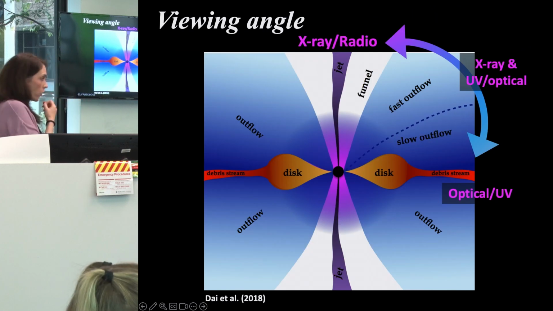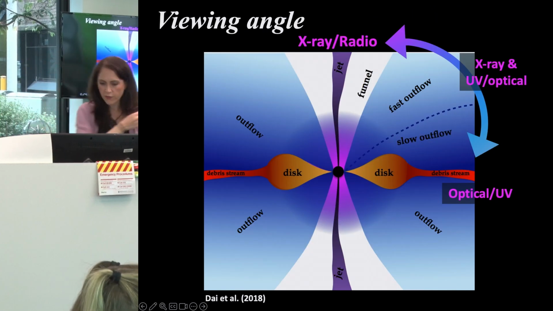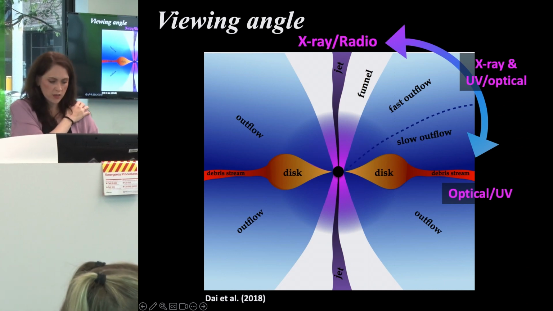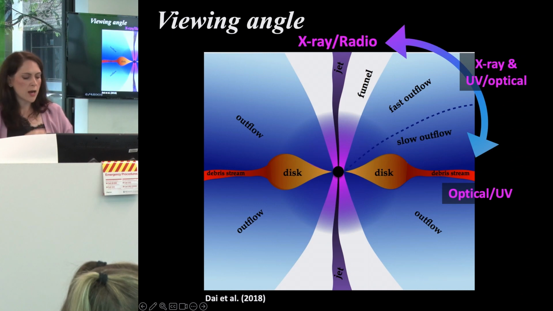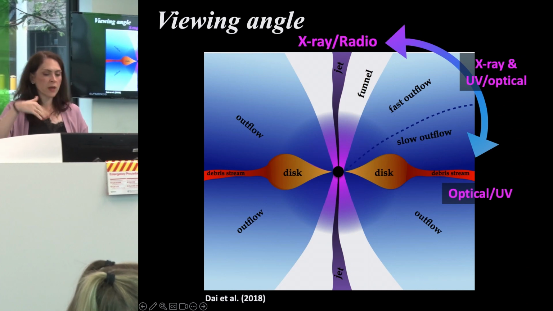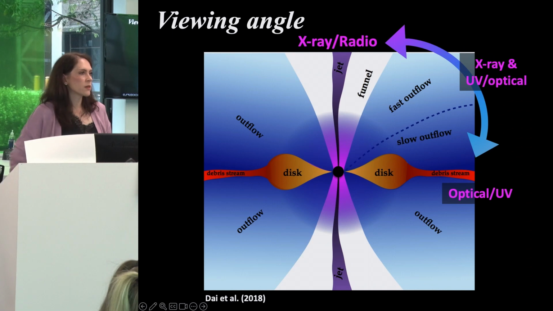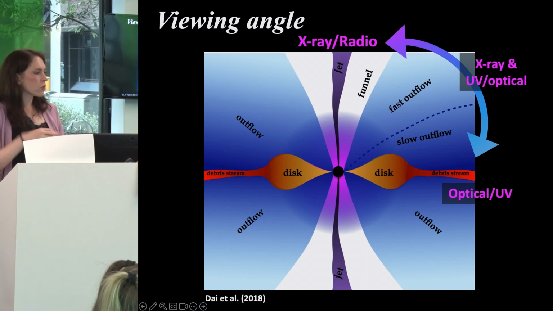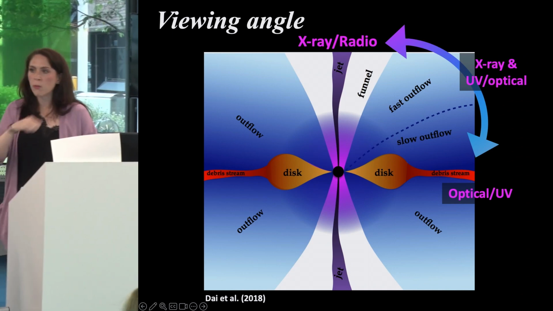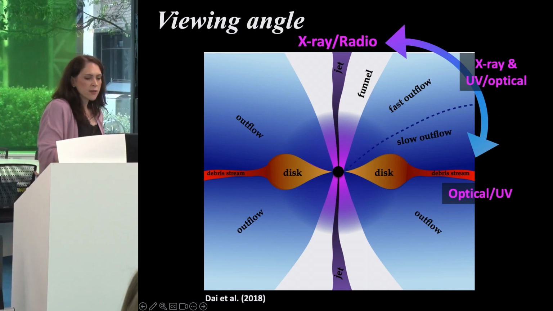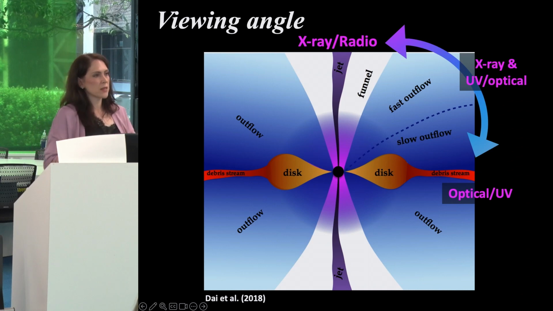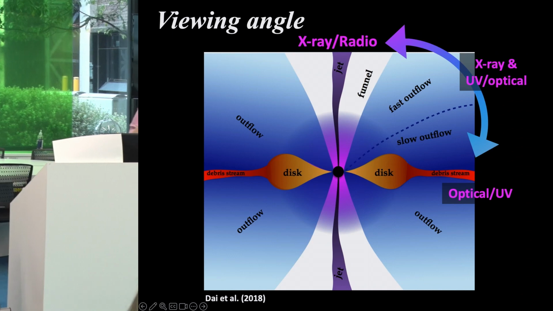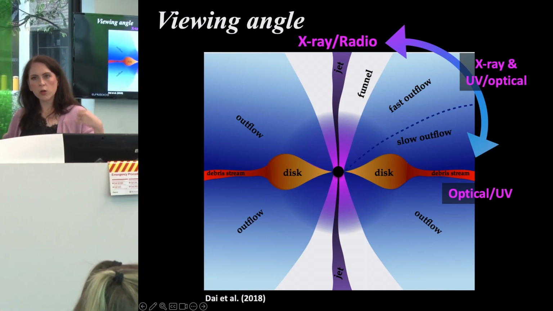But of course, this is not the only way. Material around you does affect this, but it has also been shown theoretically by nice work from Jane Dye from the University of Hong Kong that whether something is observable in X-ray only or optical UV only also depends on the viewing angle, combined with the fact that you're looking through material. For events that exhibit no X-rays, you're looking straight through the disk, so you're looking through the most material around the black hole, with a lot of column density.